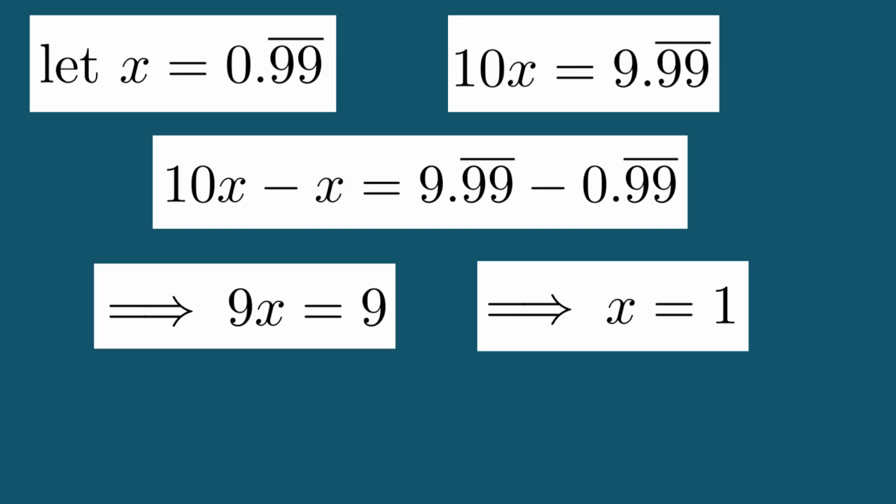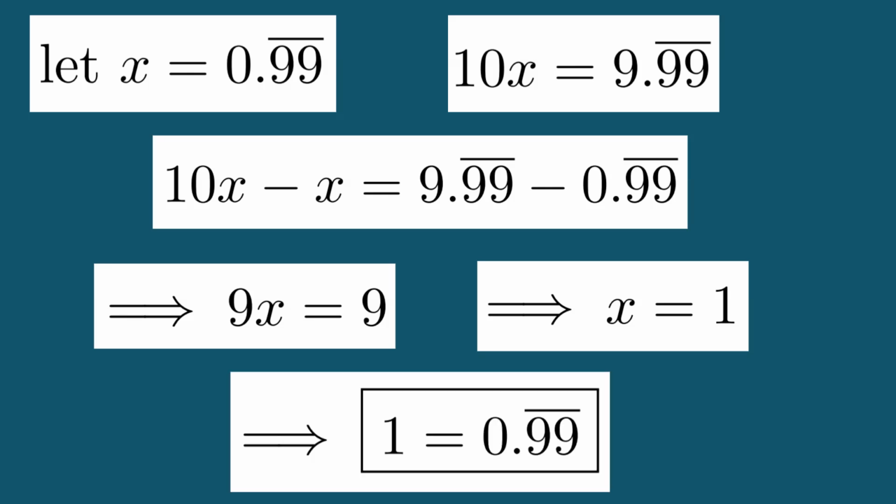This gives us 9x is equal to 9, which simplifies to x equals 1, which then gives us 1 equals 0.9 repeating. If you still aren't convinced, take a look at the many videos online that present a variety of proofs. For our purposes, this is simply an illustration of the number 1 having multiple names, even though it is a unique mathematical object.